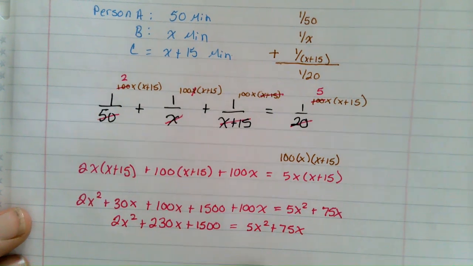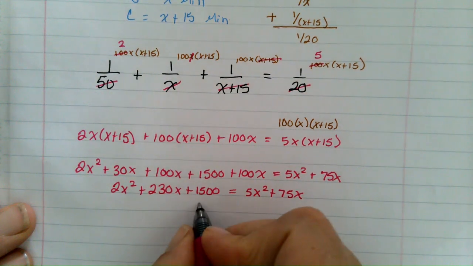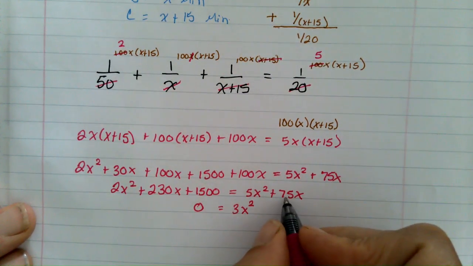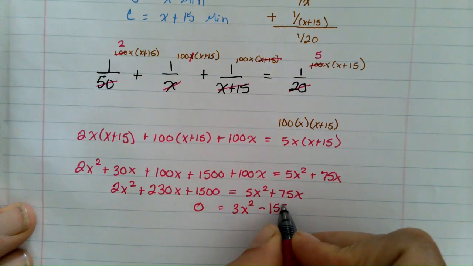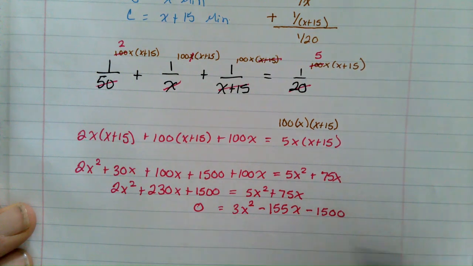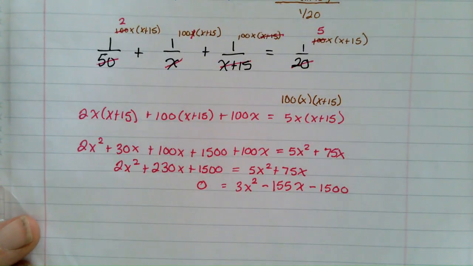I like everything to have a positive a value, so if I subtract everything over, I'll have 3x squared minus 155x, and then minus 1500. So there is no GCF here, and the factoring may or may not be nice, so we're going to just go ahead and use the quadratic formula.